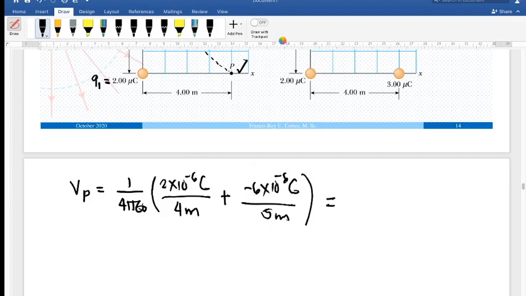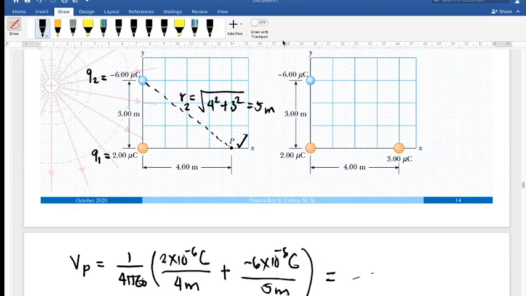So why do you think it is negative 0.7? Why do you think? Okay, because as you can see here, the 6 microcoulomb is greater than the 2 microcoulomb. So the negative charge is larger compared to the positive. Therefore, even though the distance of Q2 is greater than Q1, the negative 6 microcoulomb is 3 times greater.